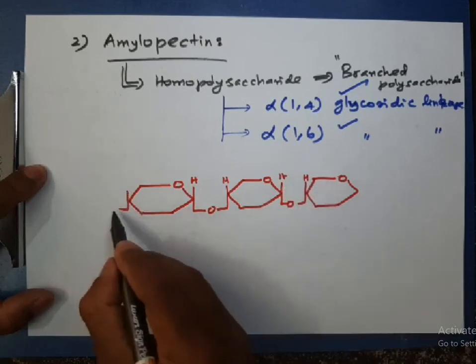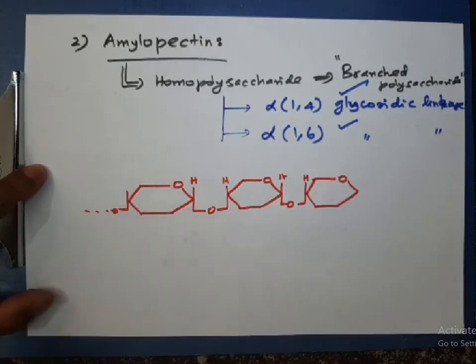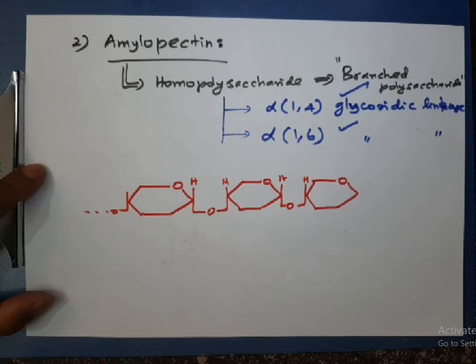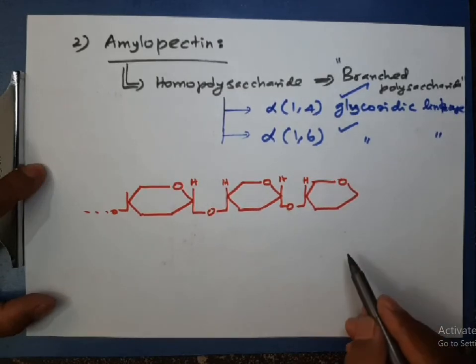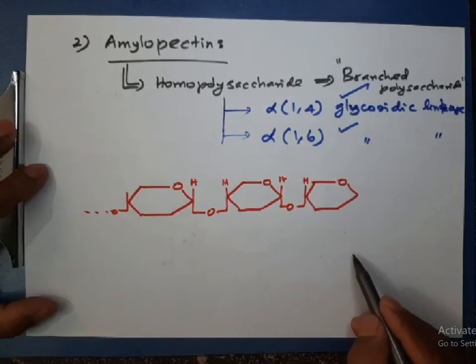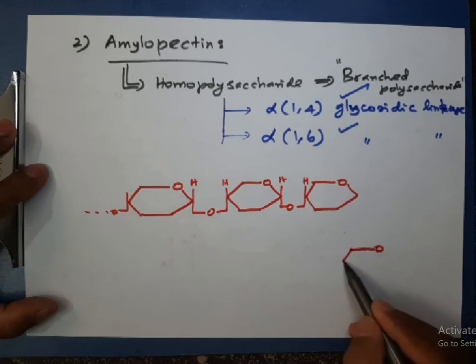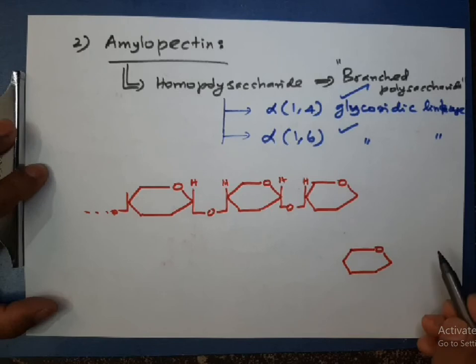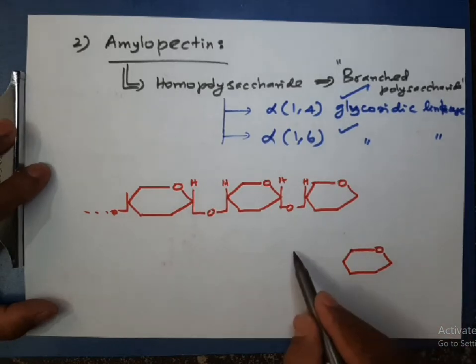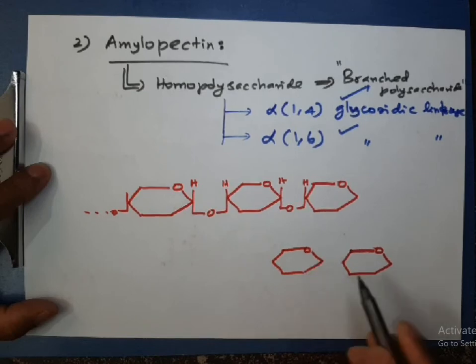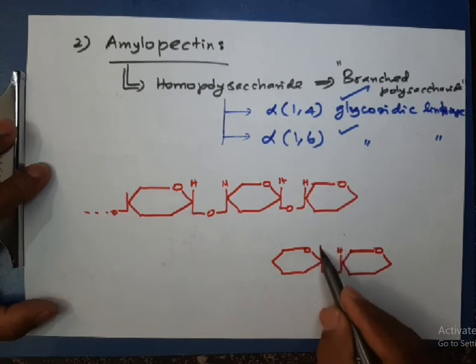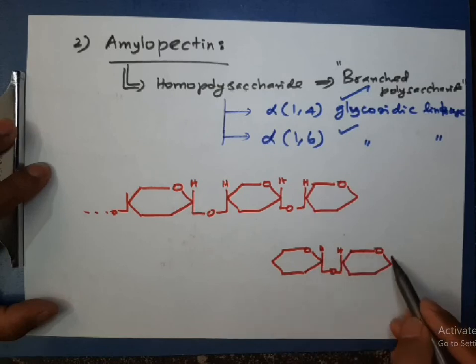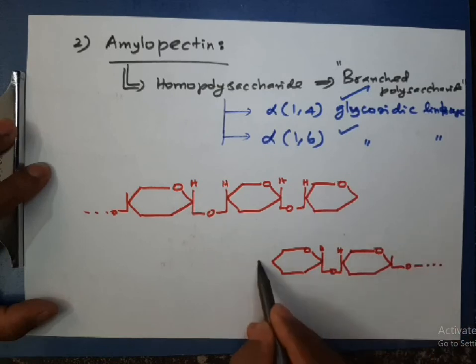So this is going like that. And similarly, suppose I have a linkage here. Let me draw like this. So here I have another chain containing alpha glycosidic linkage. The chain goes like this.